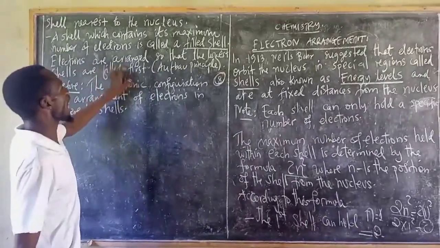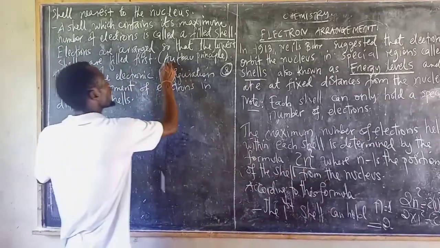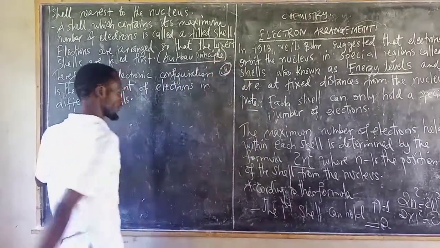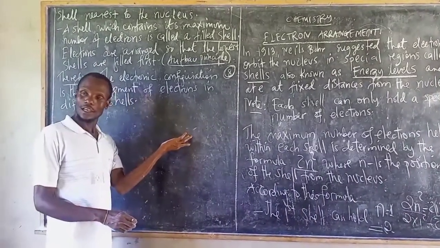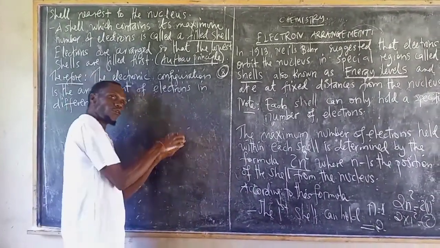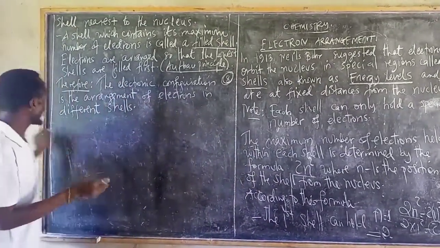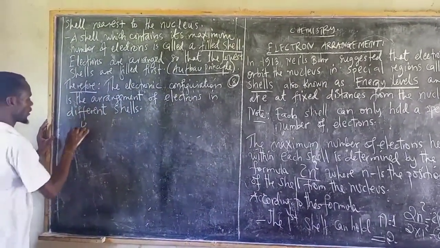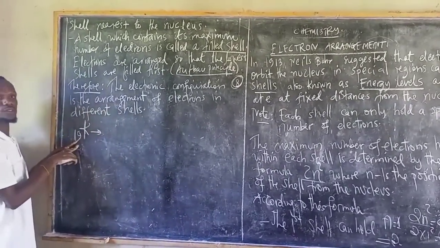Then electrons are arranged so that the lowest shells are filled first. This is according to our principle. You must fill the first one. Once you have filled the first one, and you are left with other electrons, for example, now we are having potassium, having 19 electrons.